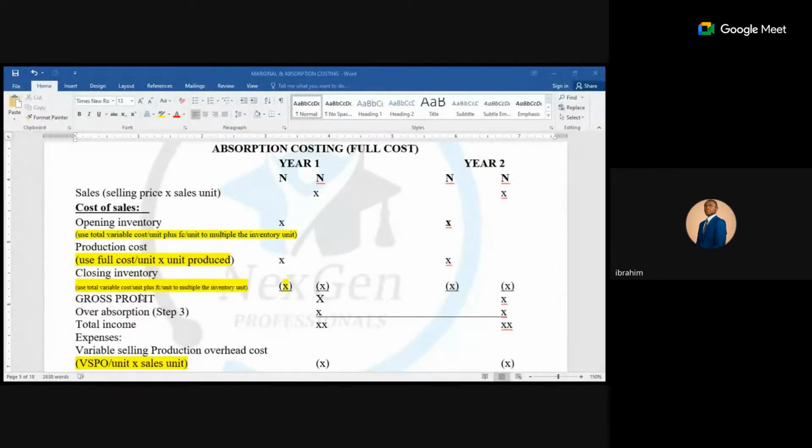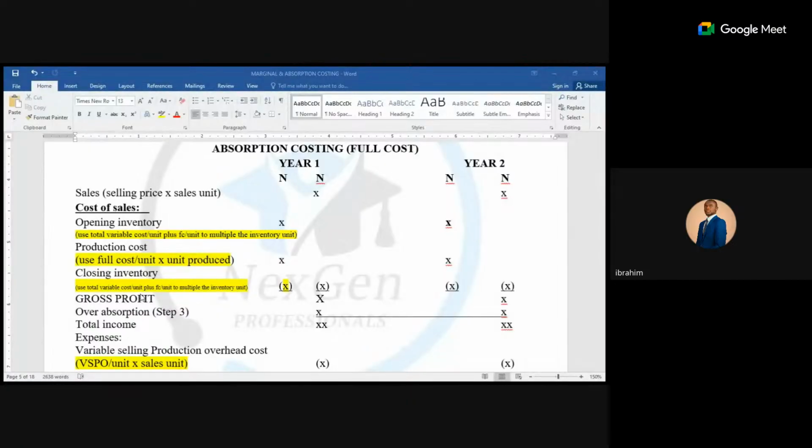Because without the rent, without a place for that production, can you produce it? No. So use the full cost because this is absorption costing. It charges the whole cost to production. Times the unit produced. That is why it is called production cost.